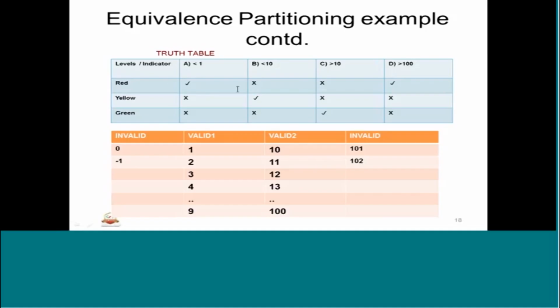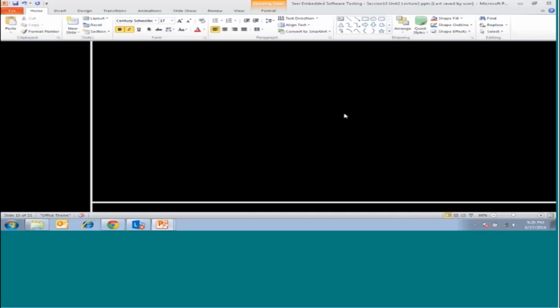So out of all this, what are the valid equivalences? What are the invalid equivalences? So we have 4 groups here. So invalid is 0 and -1 because the requirement doesn't talk about 0 and -1.